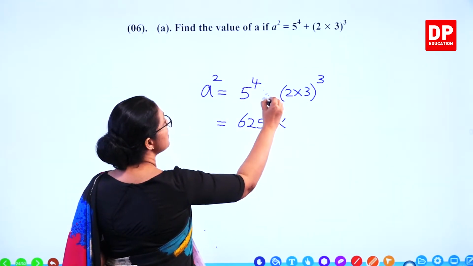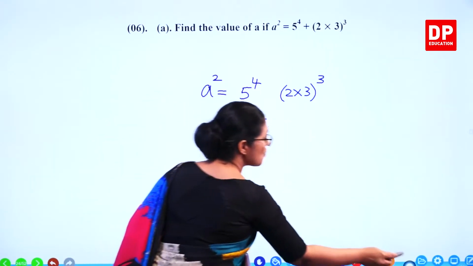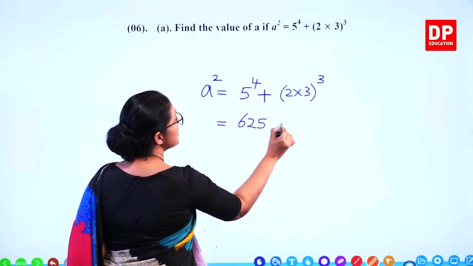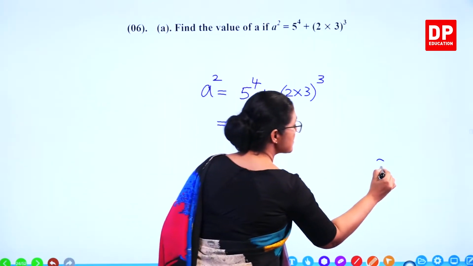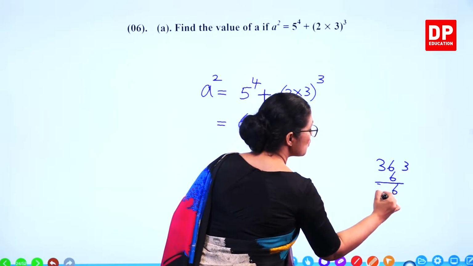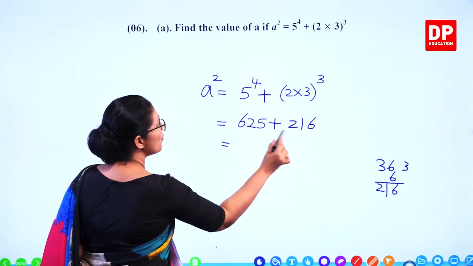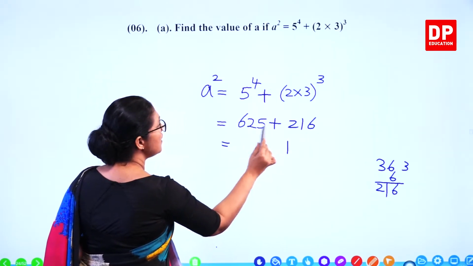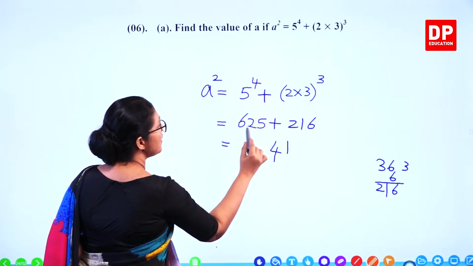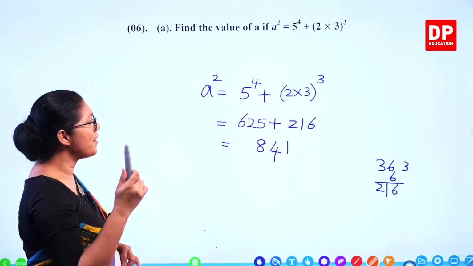This is not multiplication, this is addition. So what's 6 to the power 3? 6 times 6, 36. 36 times 6, 216. Now add these two. You get 841. So what's the square number?